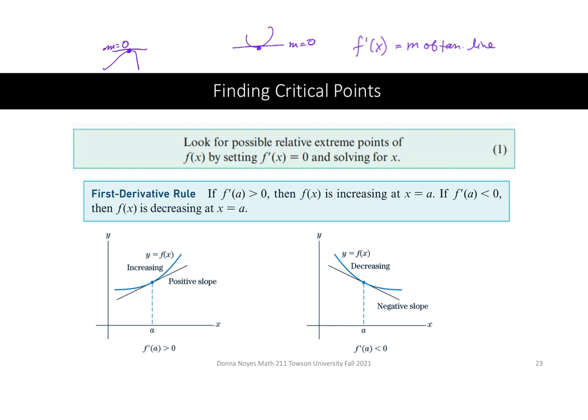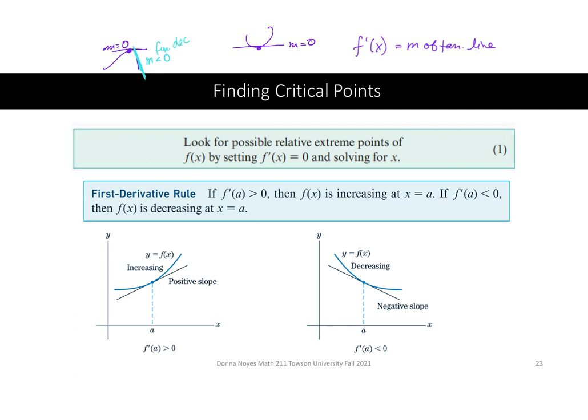And our first derivative rule says that if f prime at a point is positive, then our function is increasing there. And if f prime at a point is negative, then our function is decreasing there. That makes sense too, because if you think about our examples up here, if I look at the slope of my tangent line over here, that slope is negative, and my function is decreasing.